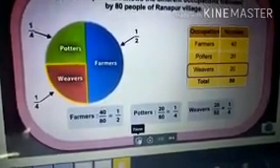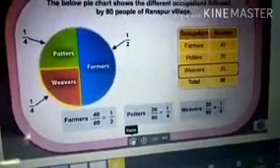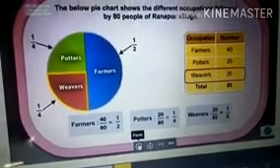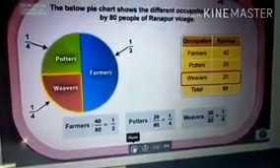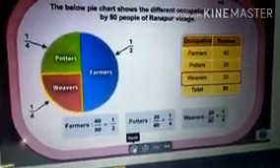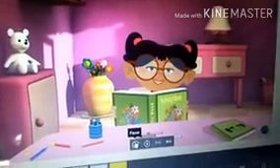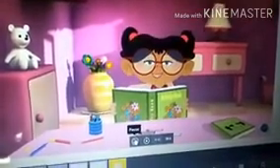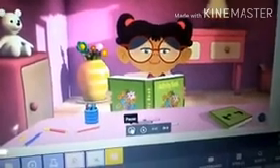This too is represented by shading a quarter of the circle and labeling it as weavers. You see, it's very simple to create and understand a pie chart. Why don't you help me with the next chart by answering a few questions?